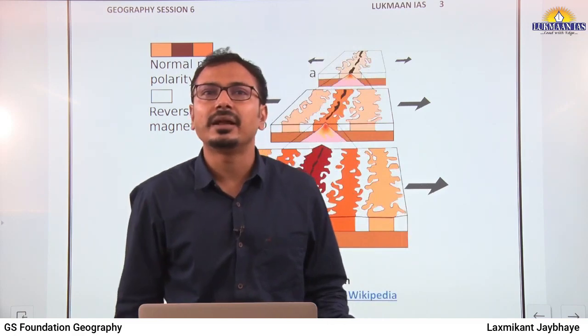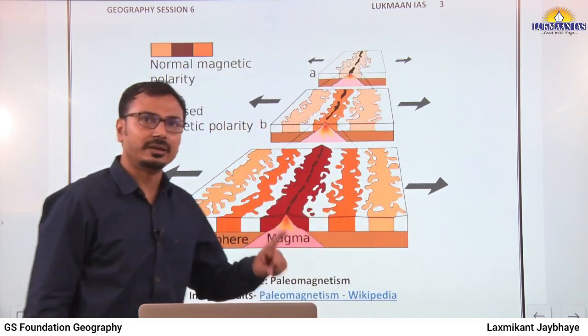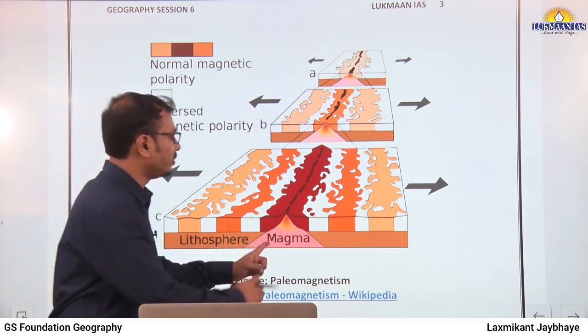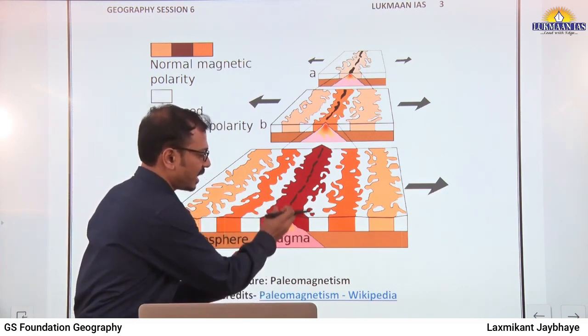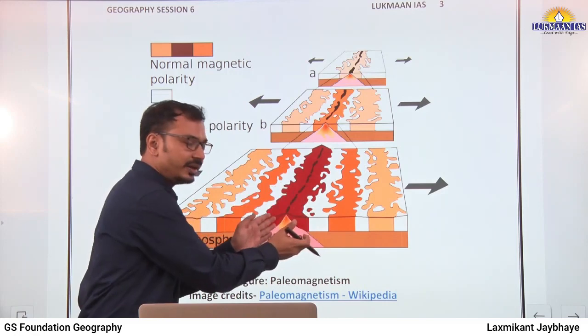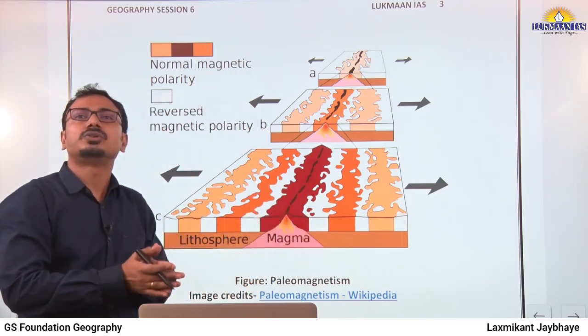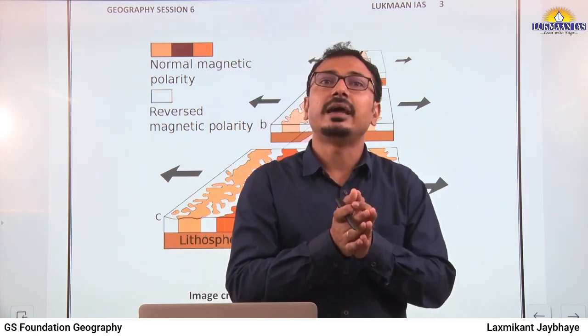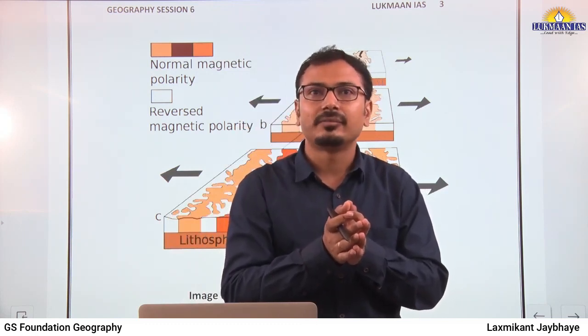Now, whenever new crust is formed in the mid-oceanic region, the magma is coming up and getting solidified. The rocks from that crust have some magnetic material.